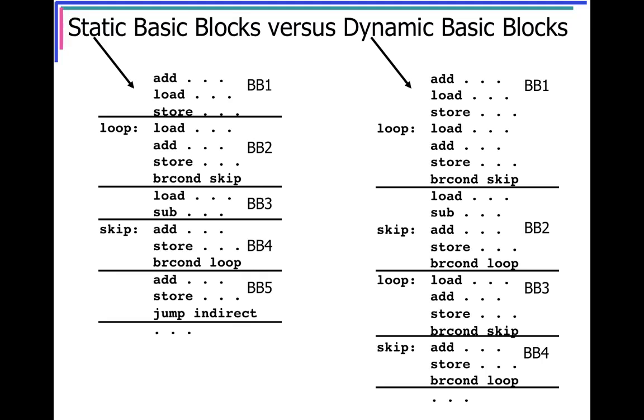Notice that the 3 instructions in skip are repeated down below when we jump to skip during the execution. Basic block 4 repeats instructions that are in basic block 2 because we can't jump into the middle of a basic block, because that would violate the definition of what a basic block is: a single-entry, multiple-exit series of instructions. So dynamic basic blocks, in summary, are basic blocks that are generated on the fly as the program executes.